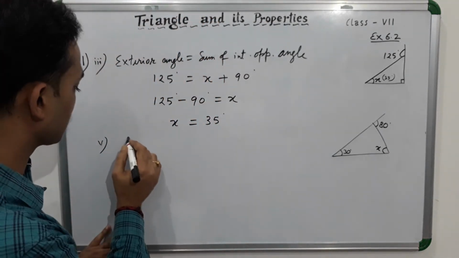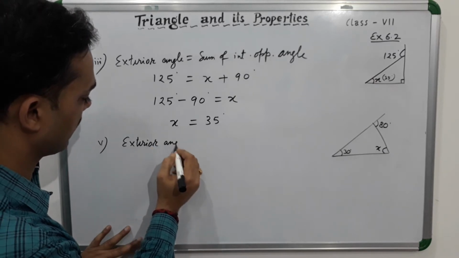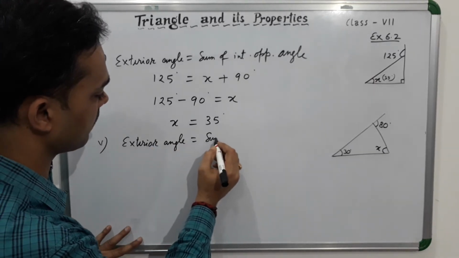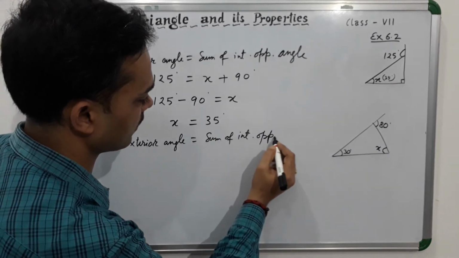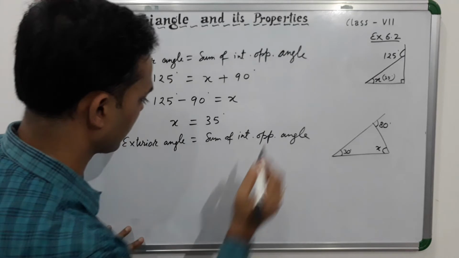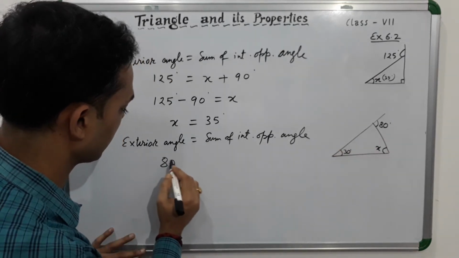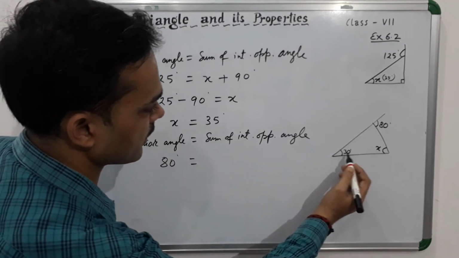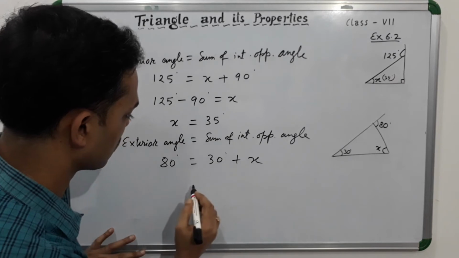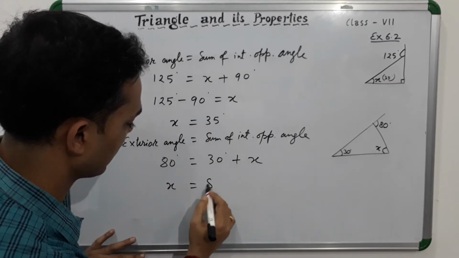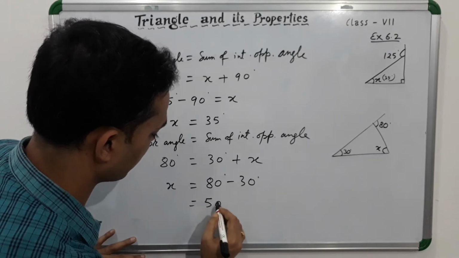Now, as you know, the exterior angle equals the sum of interior opposite angles. That is why the exterior angle, 80 degrees, equals the sum of interior opposite angles, 30 degrees plus x. So x equals 80 degrees minus 30 degrees, and in this way you get 50 degrees.